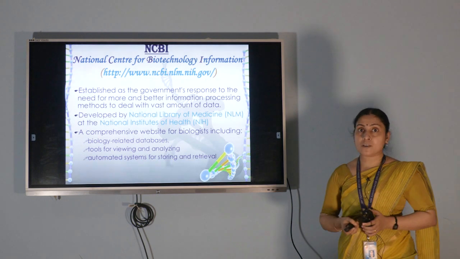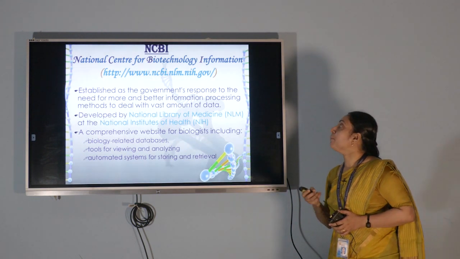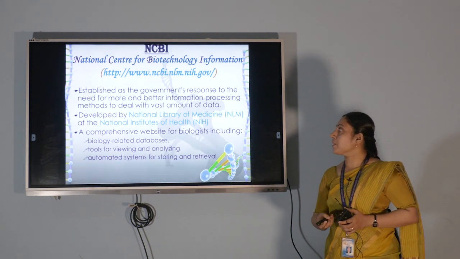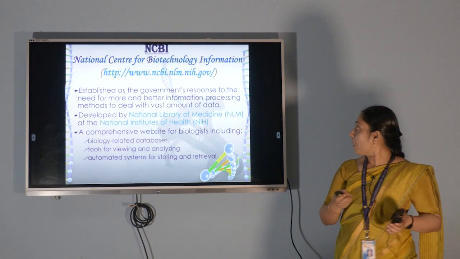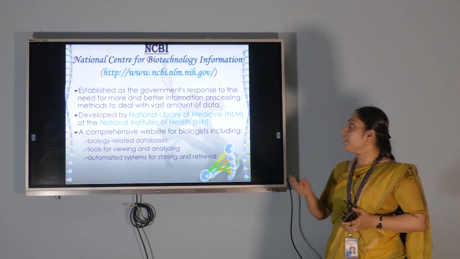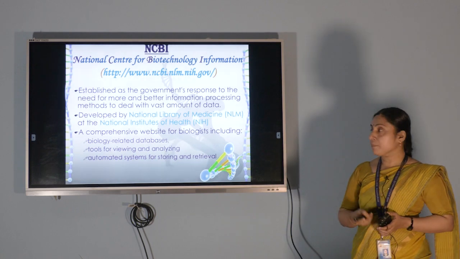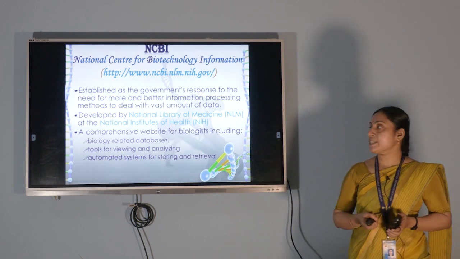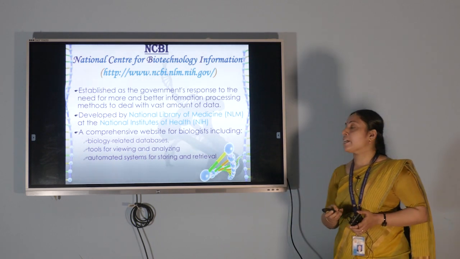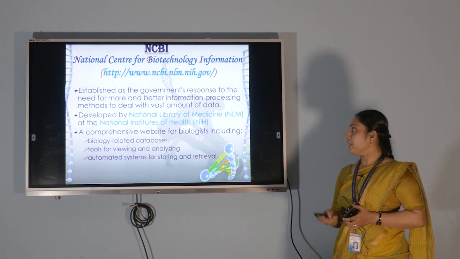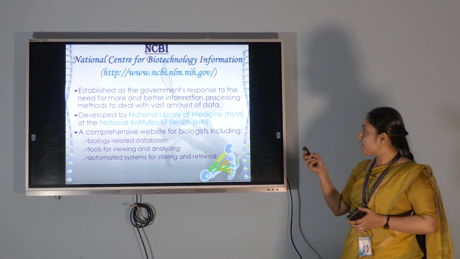NCBI was established as the government's response to the need for more and better information processing methods to deal with a vast amount of data. It was mainly developed by NLM, the National Library of Medicine, and NIH, the National Institutes of Health.